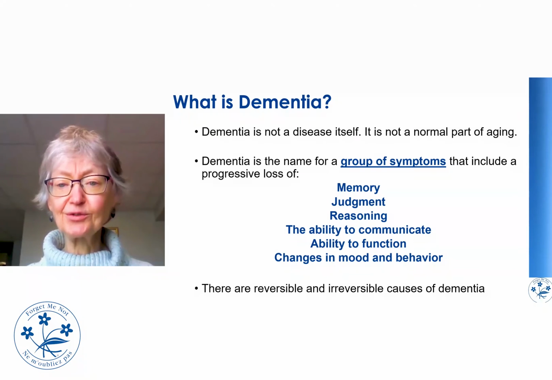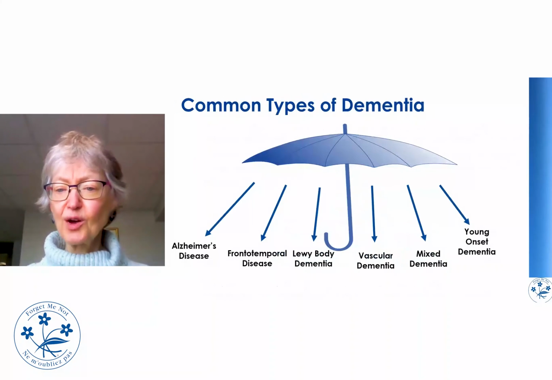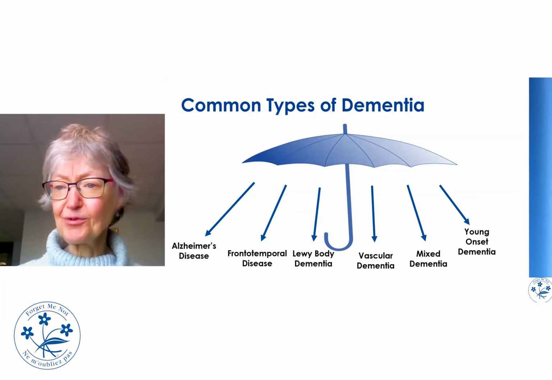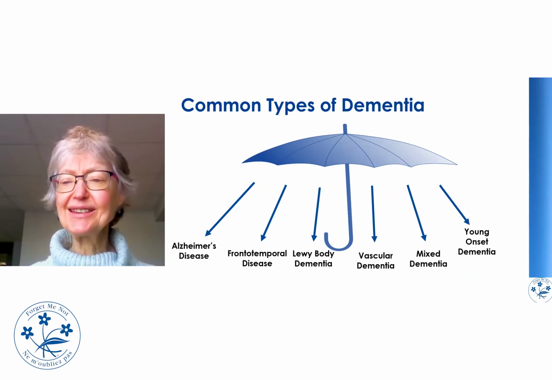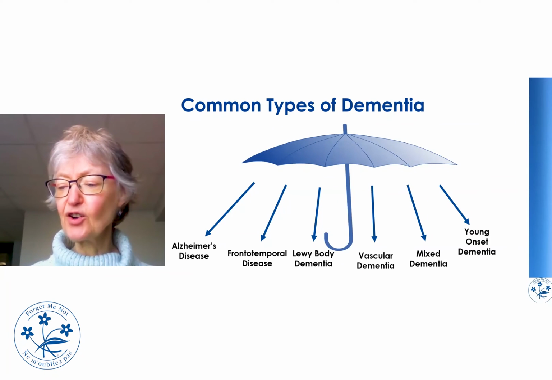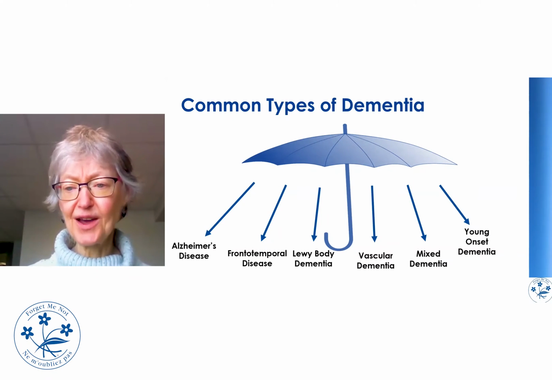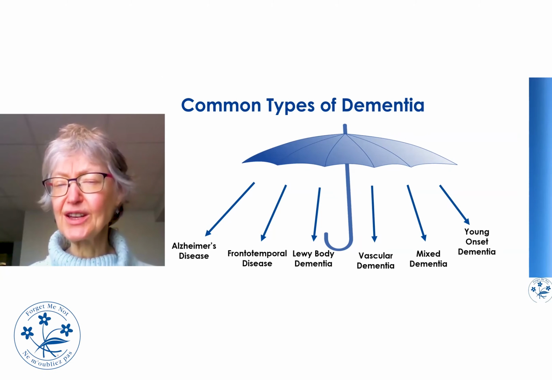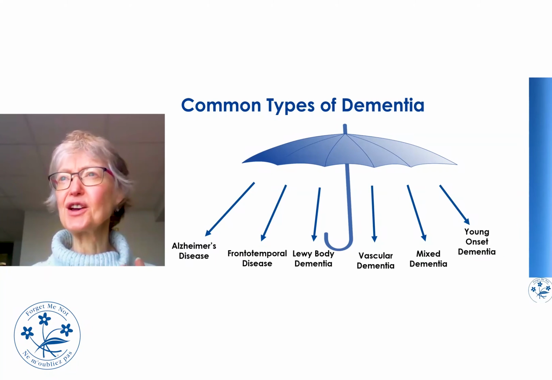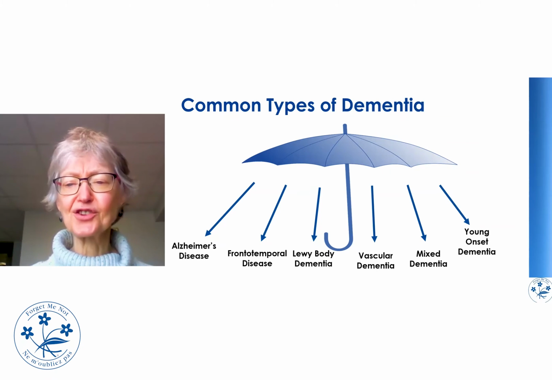And that's absolutely true. I'm going to talk about some of the irreversible dementias, but I think it's important to know that there are situations that can make you look like you have dementia and you don't. You might have undiagnosed diabetes, undiagnosed thyroid disease. You might have medication interactions or a toxic buildup of medications. You might have normal pressure hydrocephalus.